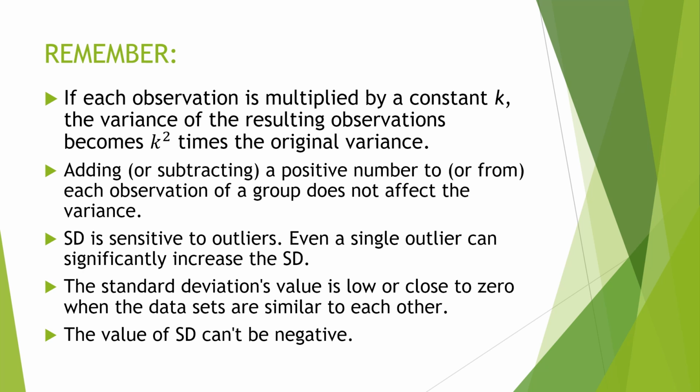That means even a single outlier, a single extreme value, can significantly increase the standard deviation because all the observations are considered in this formula. The standard deviation value is low or close to 0 when the data sets are similar to each other. Just now we have seen that if the standard deviation is low, it means the data is more near the middle value. So we can compare two sets also using their standard deviation values.